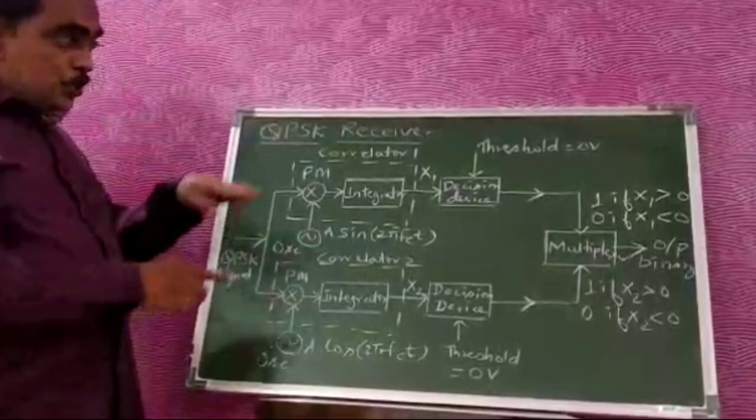That means the output will be binary data in pairs of bits. That means your QPSK signal is demodulated and the information is extracted in terms of binary data at the output. So this is your QPSK receiver, in which we have demodulated the QPSK signal to get the binary data.